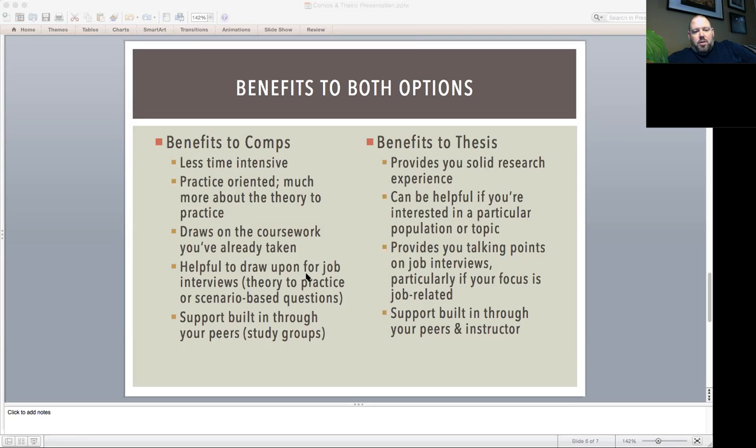The comps is offered that following Saturday. If somebody came to the first class and decided, I don't want to do this, then yes, you could drop the class and take the Saturday comps exam. But if you stayed in the class and decided it wasn't for you, you wouldn't necessarily be able to have an exam created for you, unfortunately.